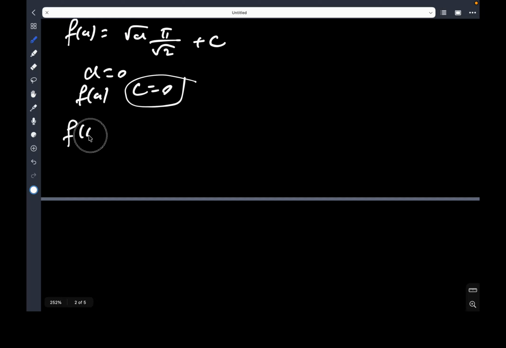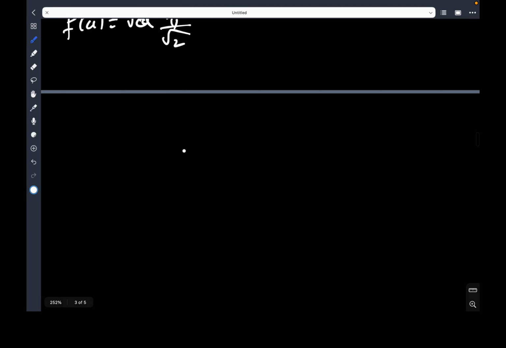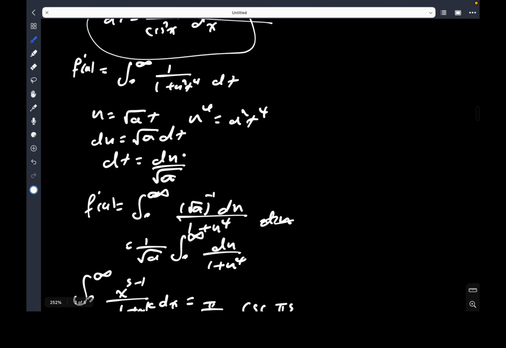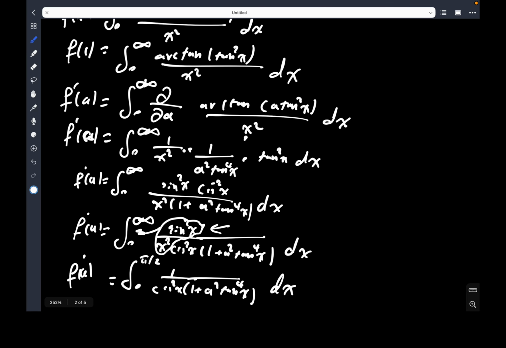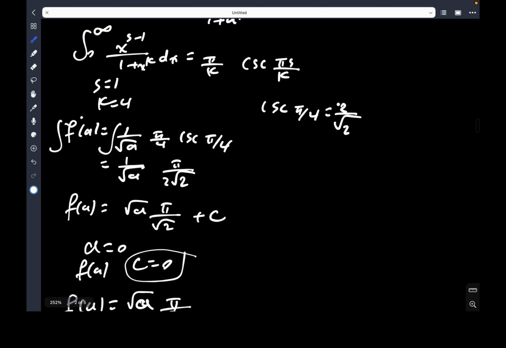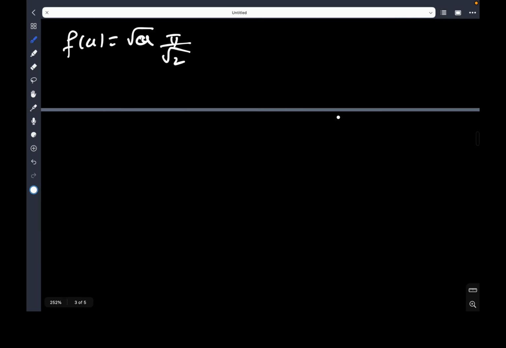Thus, my f of a is root a times pi over root 2. And we find the constant of integration by setting it equal to the integral. The integral here, arctan of 0, is 0. The whole thing is going to go down to 0, and the c is going to be 0.